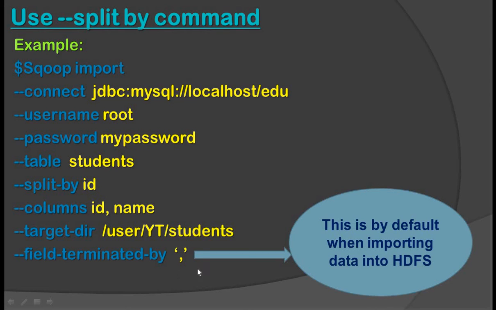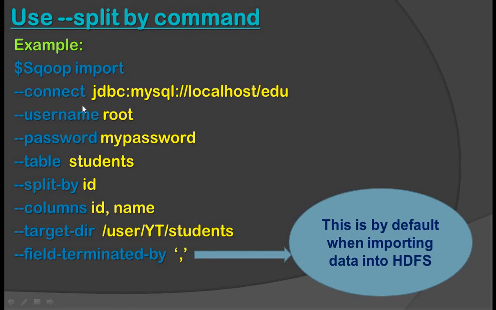If we do not specify it, then Sqoop will automatically import data using comma. As we are seeing, this is the default when importing data into HDFS. If we specify any parameter here, then Sqoop uses that parameter as the delimiter, and if we do not, it will by default use comma.